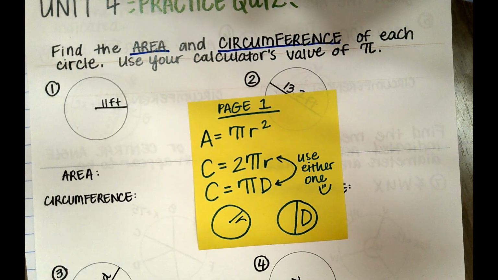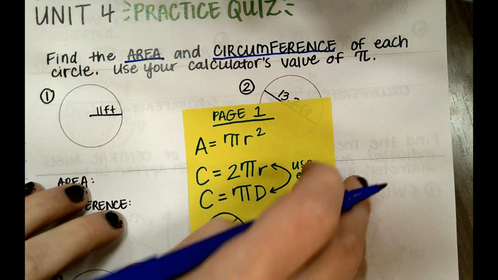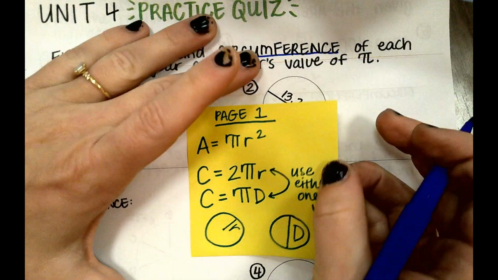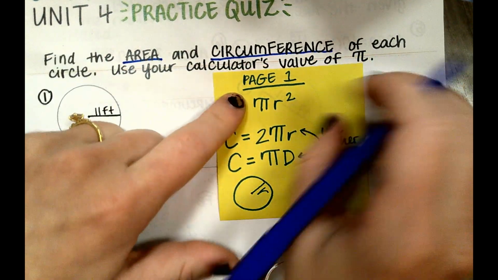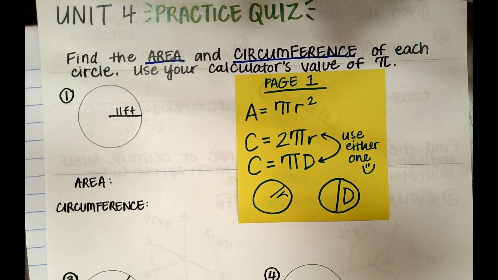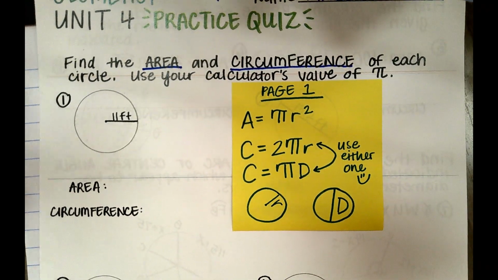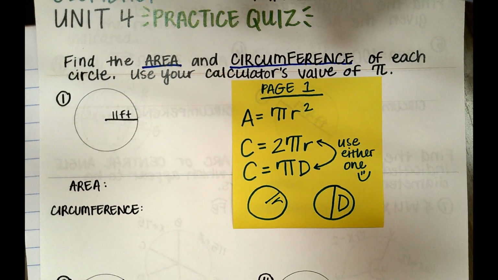So that's your difference. Now that we have our formulas, I'm going to keep this and kind of move it around the page as we go to each question. So for number one, I am finding the area and the circumference of this circle, and we are using our calculator's value for pi.